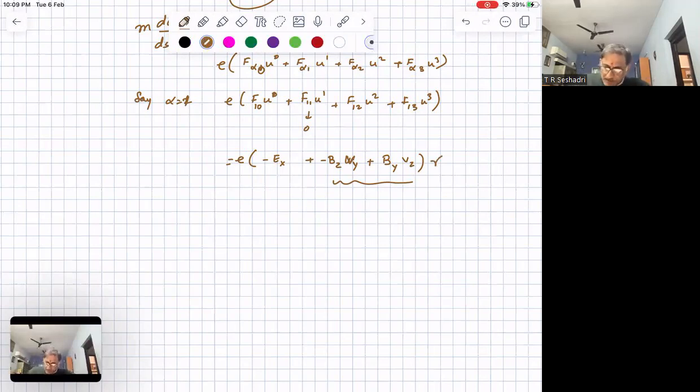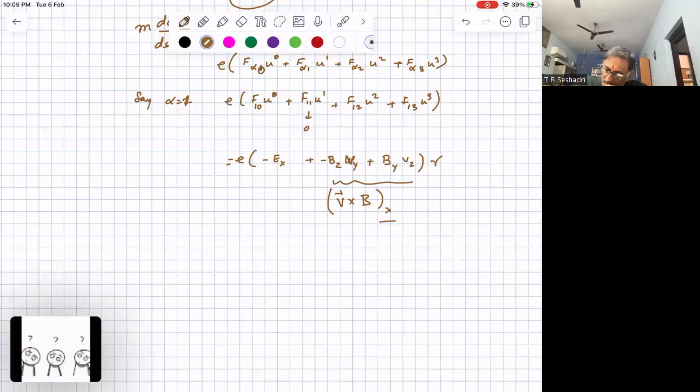Okay. Now, what is this quantity? This quantity is basically V cross B, the X component. Isn't it? Yes. Rather Lorentz force.